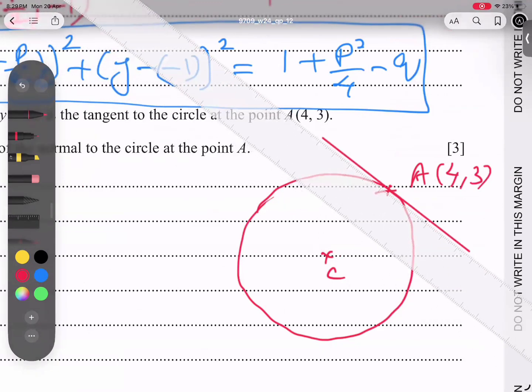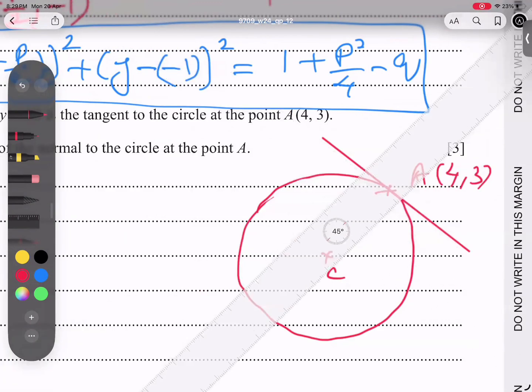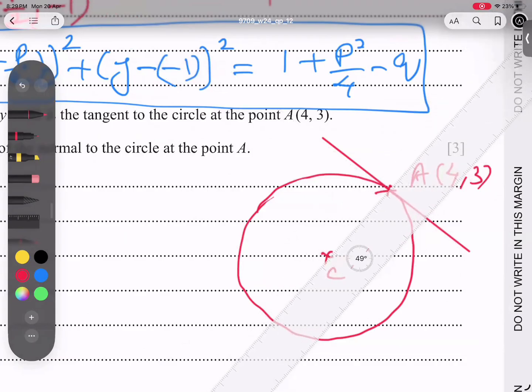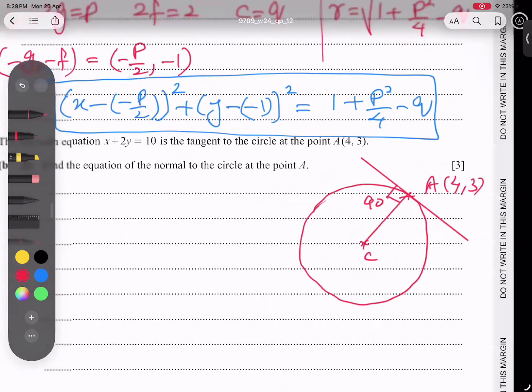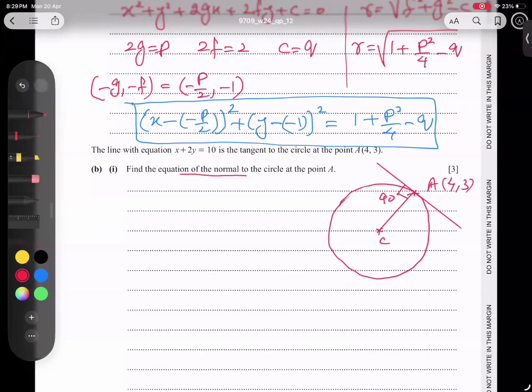This is a tangent, and this is the radius. And do you know, students, the radius and tangent always make 90 degrees. So this is 90 degrees for sure. So I'm looking for the equation of the normal, and he said that this line is the tangent to the circle. This line is given by him, make sure.